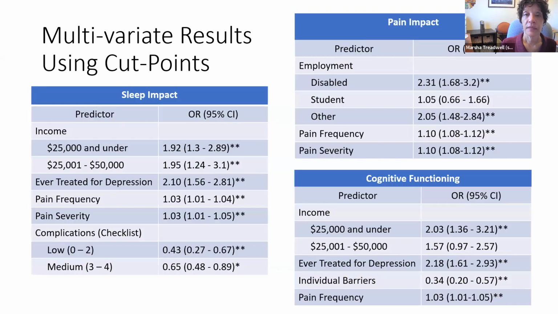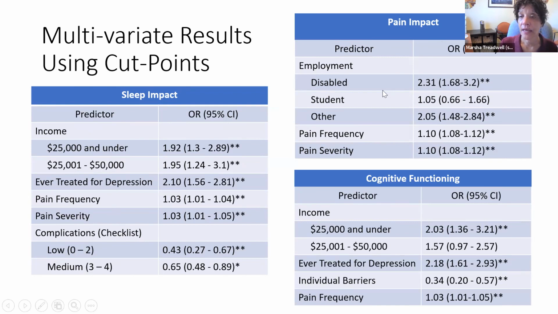And then when we looked even more closely at what factors were associated with what patient-reported outcomes. So the first one we looked at was sleep, and we found that lower income, treatment for depression, pain frequency and severity, these were all associated with more impact to sleep, whereas fewer complications was protective, so that fewer complications was related to better sleep.